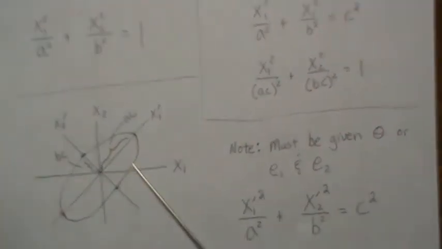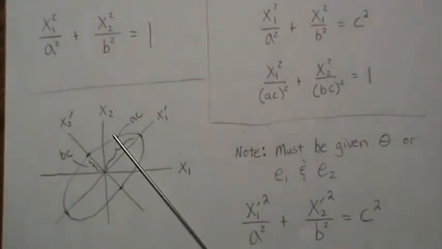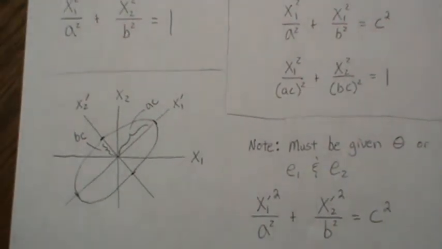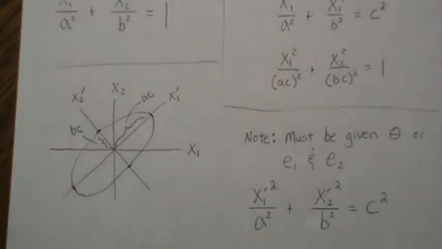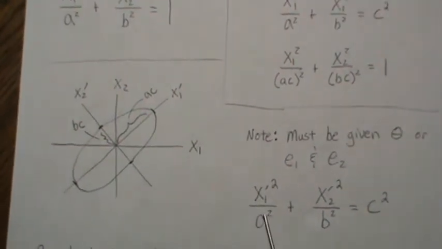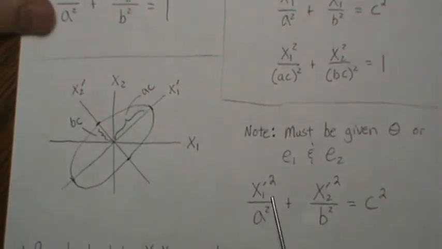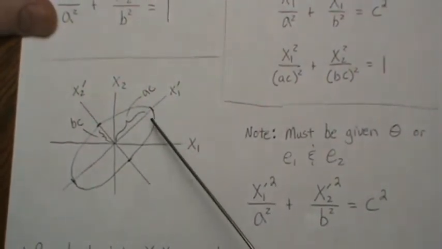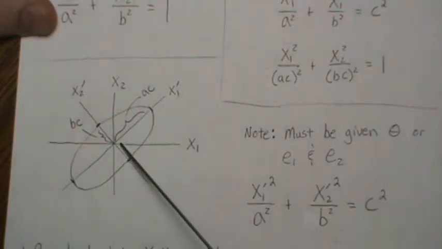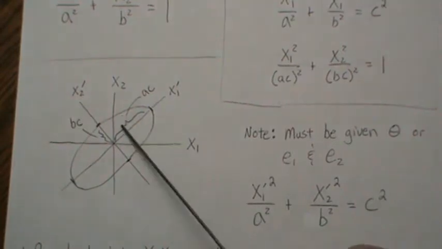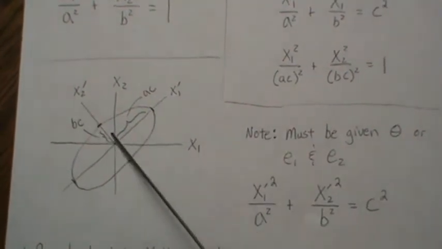But now, what if we wanted this in terms of x1 and x2? Now, the next page is going to be a little tedious, but I think worth it in the long run. So we take this, and now remember, how do we get x1 prime squared? Well, or just x1 prime. Whatever this vector is, let's call that E1, and this E2.